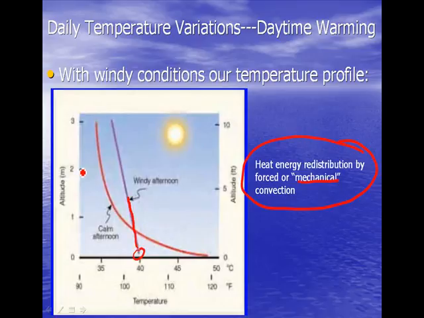If we go up to 2 meters, we see the temperature is at about 100 degrees Fahrenheit, whereas down at the surface, the temperature is about 103 degrees Fahrenheit. So, this is one way that we can use energy transfer throughout the atmosphere, through convection. Again, we talked about that back in Chapter 2. So a windy day actually helps to mix the atmosphere. In other words, to flatten out the temperature profile, as I mentioned before.